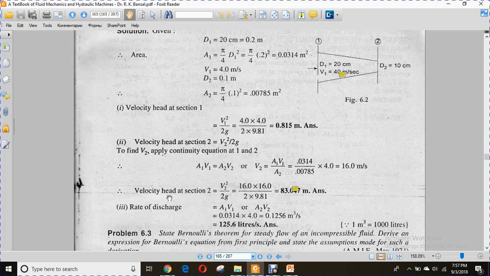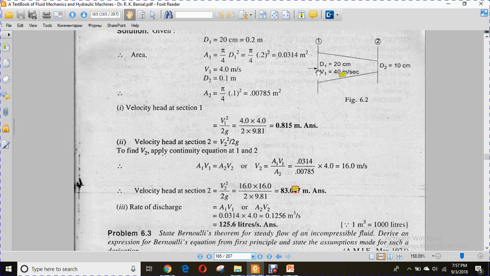Finding the velocity head, we have v2 square by 2g, and the value comes out to be 13.04. There is a mistake in the calculation here. And how do we find the discharge?